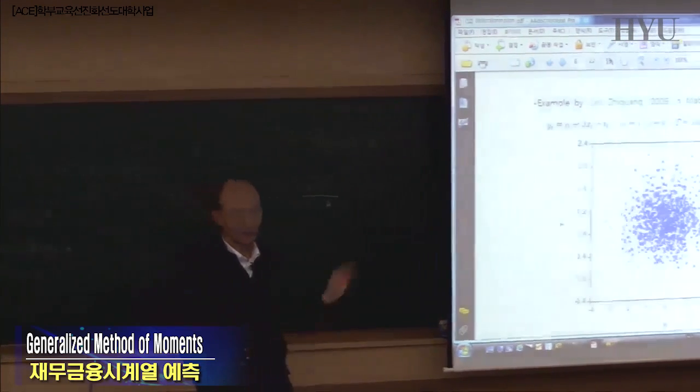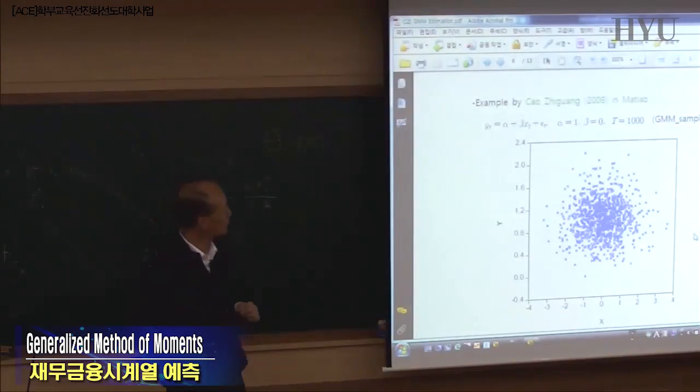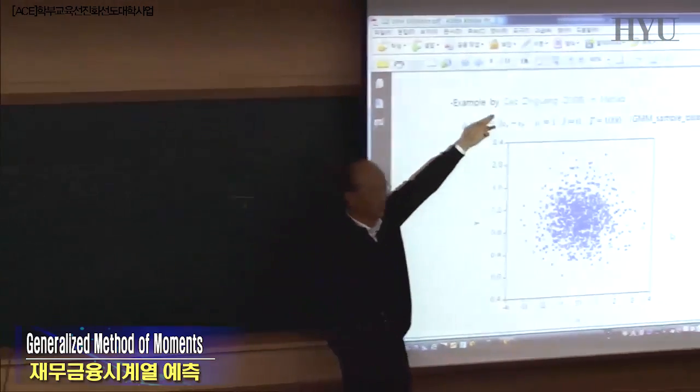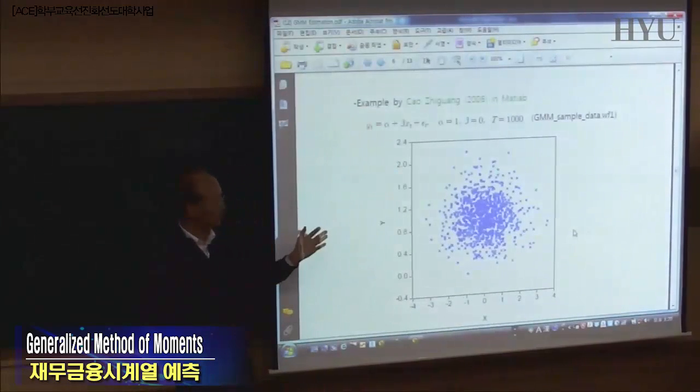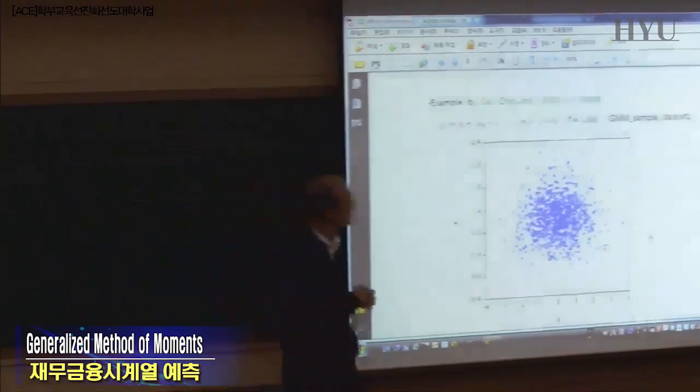So I started learning MATLAB and tried to follow his sample program. It shows how to calculate that Newey-West covariance matrix in a function. As long as you know how to use it, you can use it.